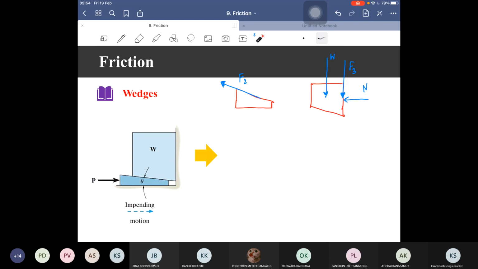And because these two surfaces contact each other, if the wedge friction acts to the left-hand side, the box friction will act in the opposite direction to support that. So F2 acts on this box, directed in this direction.